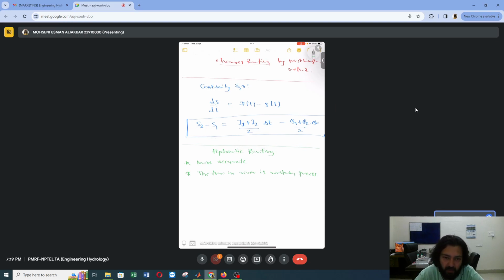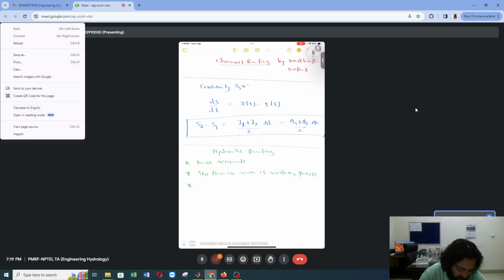So this is covered by hydraulic routing, whereas it is not covered in hydrologic routing. The next thing is that it is governed by both equations, that is, continuity and momentum. So these are some advantages that hydraulic routing has over hydrologic routing.